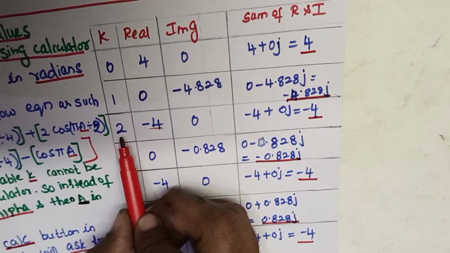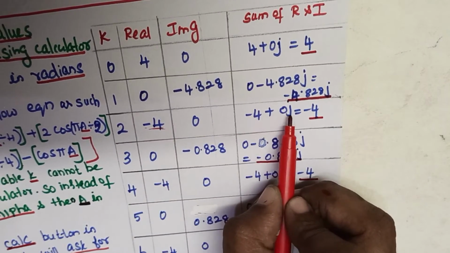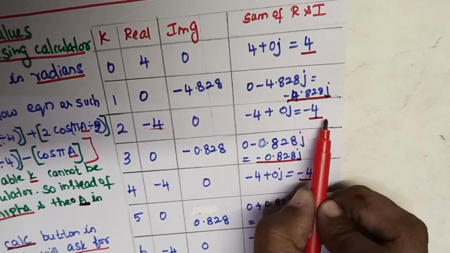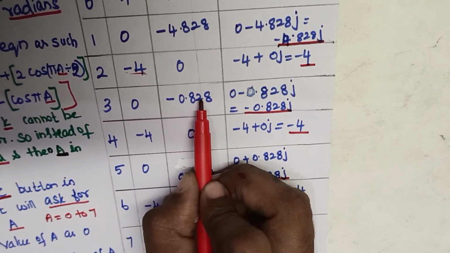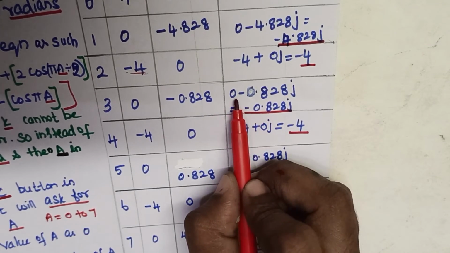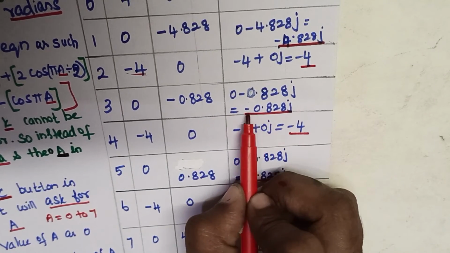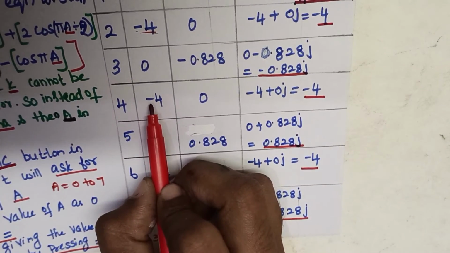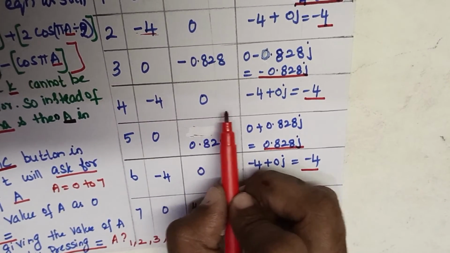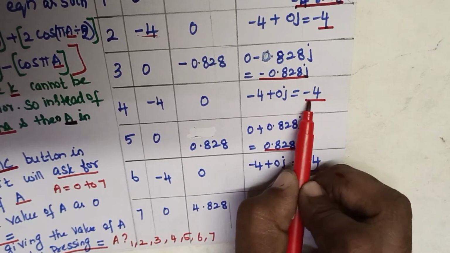For k is equal to 2, it is minus 4 plus 0j, so it is minus 4. For k is equal to 3, 0 minus 0.828j, so the value is minus 0.828j. For k is equal to 4, minus 4 plus 0j, so it is minus 4.